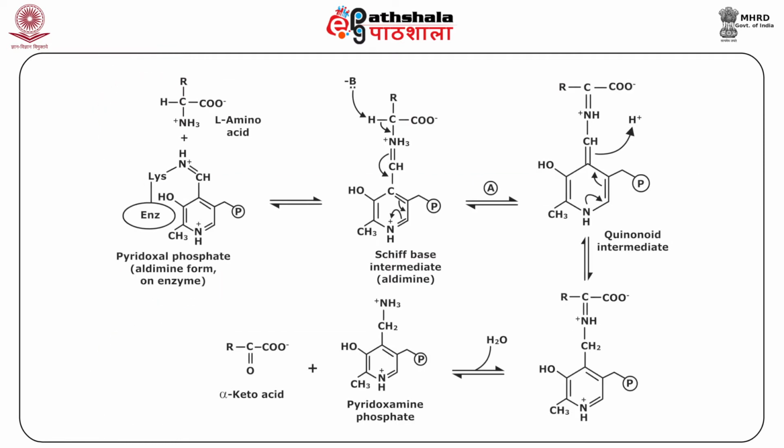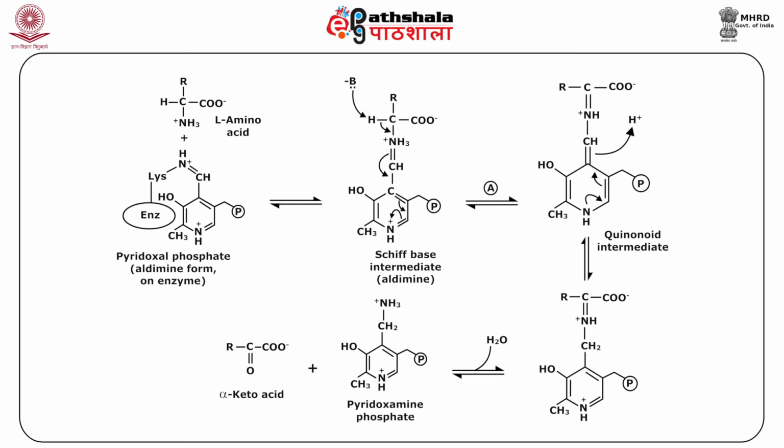The Schiff base formed between PLP and amino acid is in conjugation with the pyridine ring, an electron sink that permits delocalization of an electron pair to avoid formation of an unstable carbon ion on the alpha carbon. The transamination route A is especially important in the pathways described in this particular module.